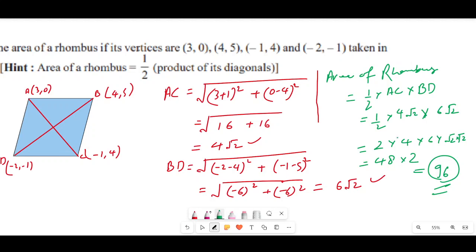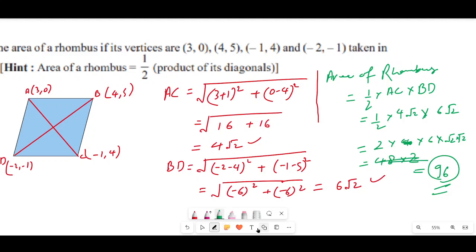Any mistake? Here 1 by 2 gives 2 for the 4, no, 4 root 2 and 6 root 2.